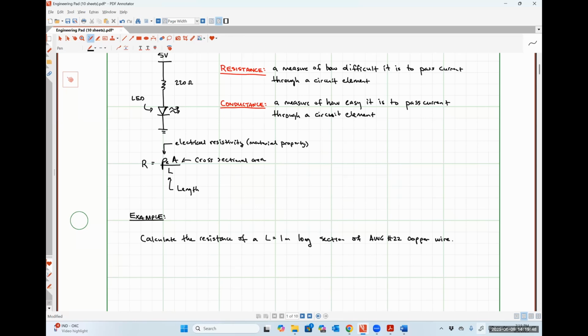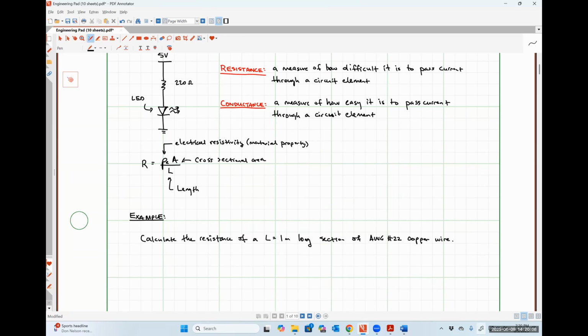Okay. So AWG number 22, AWG stands for American Wire Gauge, and 22 gauge wire is exactly what you guys were using in your engineering 120 classes. That's the type of wire that came with your kits, okay?